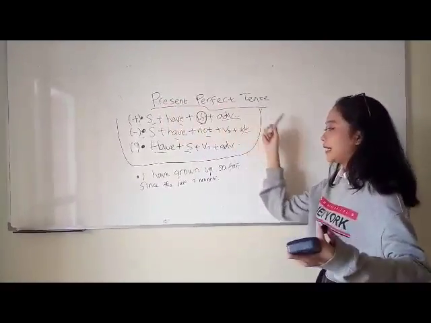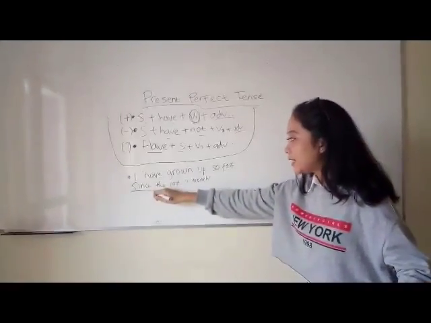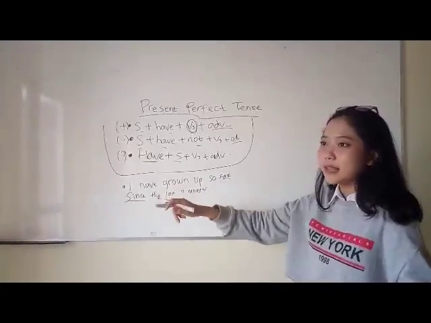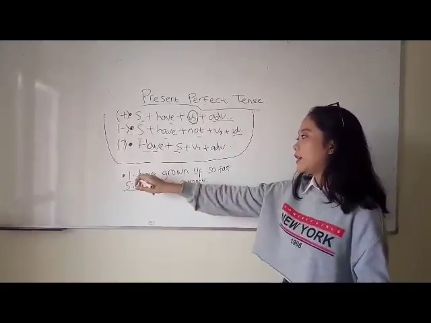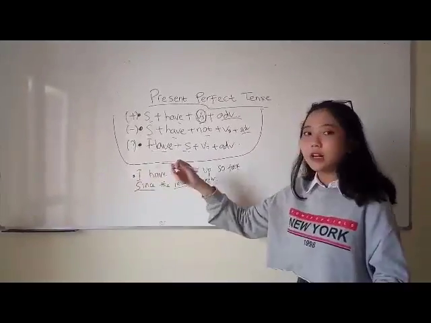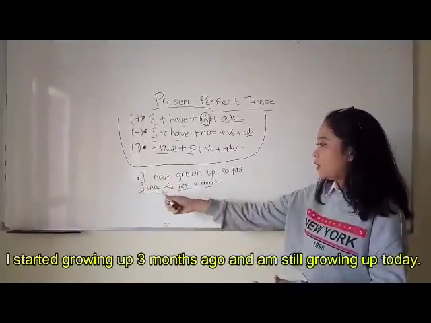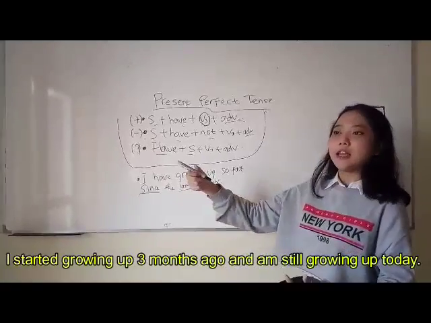For present perfect tense, you can use since the last 3 months. This means that it's not finished yet. The 3 months is not finished yet. I mean, this subject I is still growing up. So you have to use since the last 3 months. It means that you're still growing up.